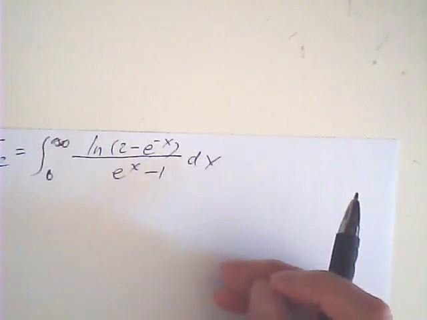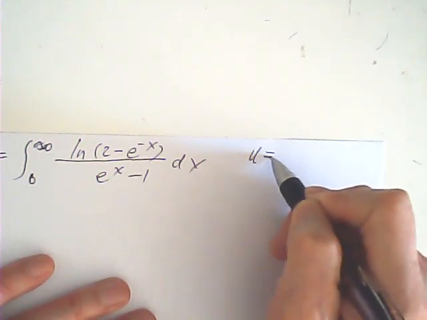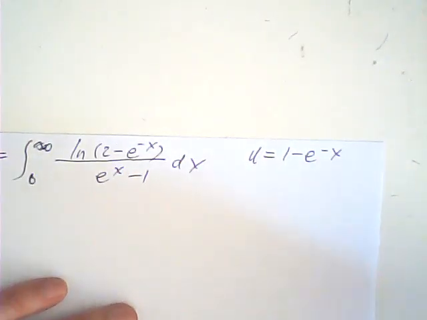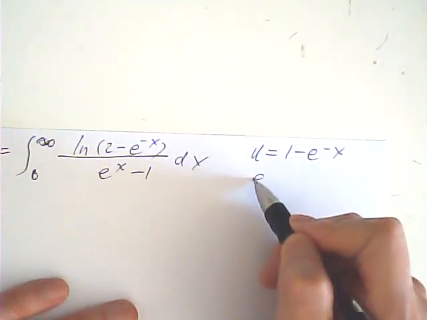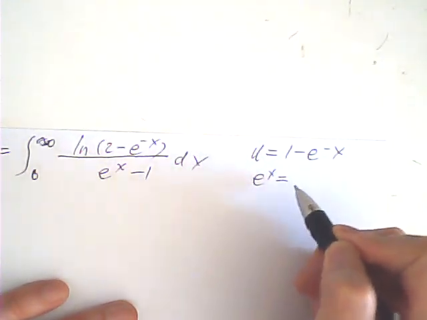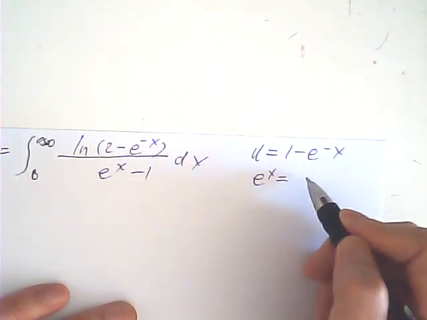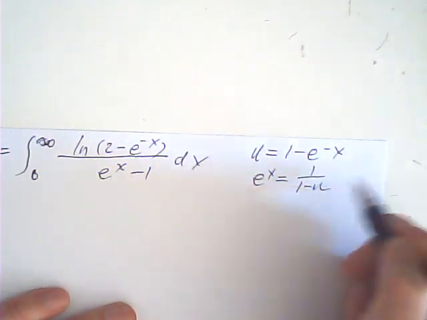Now I use substitution. Let u be 1 minus e to the negative x. So e to the x, I move here over, is 1 over 1 minus u. So it's a reciprocal, right? Yeah, good.